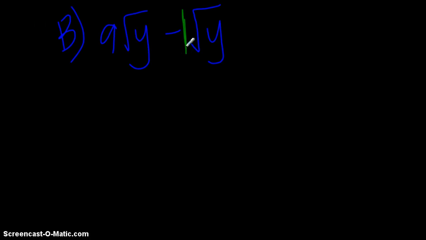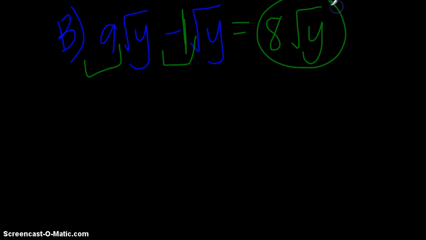Good. If you said -1, I'm proud of you. Good job. So we have 9 root y's and we're taking away 1 root y, and so 9 take away 1 is, yay, 8 root y. Good. So these are really super basic. Let's try a more difficult one.